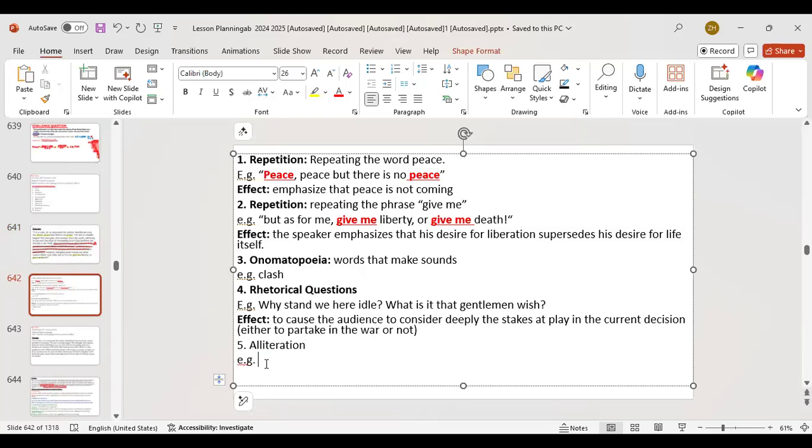Why is that alliteration? Because the R is repeated. Resounding arms, right? So repeating of the consonant, repeating of the R.